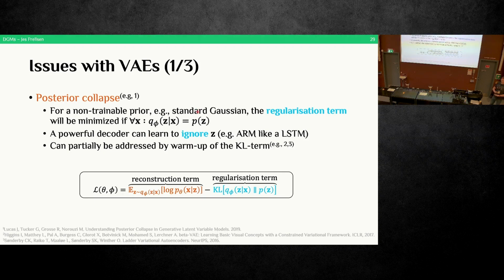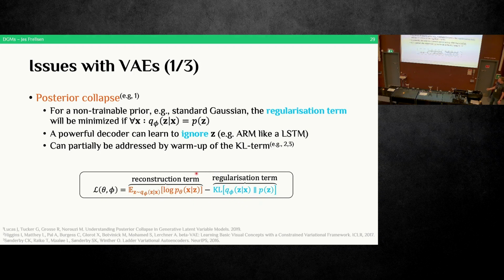If you just ignore it and say my variational distribution is always a standard Gaussian, then you actually minimize this term here. And in fact, if you have a very powerful decoder, it could be an autoregressive model like an LSTM, then it can happen that this model just learns it doesn't need to use the prior sample.